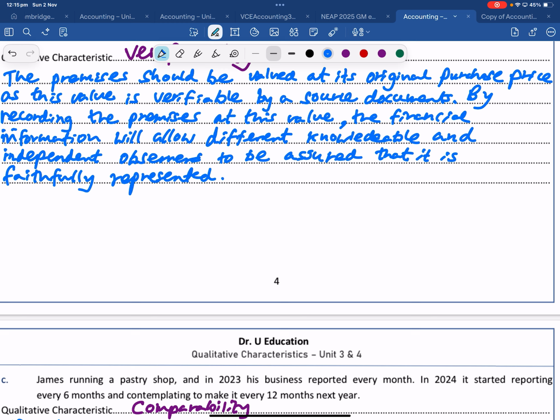So this is basically about the length of time. If it was an assumption, what would you say? Period. Good. Then, which characteristic is linked to comparability? Okay, correct.